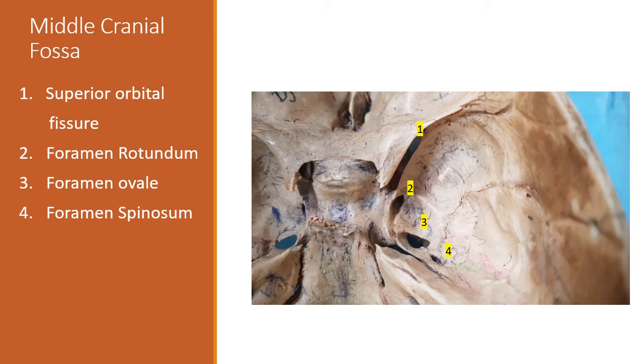Behind it is an oval foramen ovale, and behind that the foramen spinosum. So in sequence there are three foramina: foramen rotundum, ovale and spinosum. There may sometimes be a small foramen between ovale and spinosum, that is called the foramen of Vesalius.